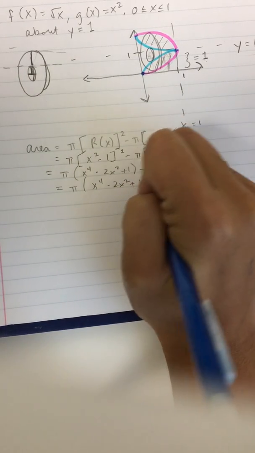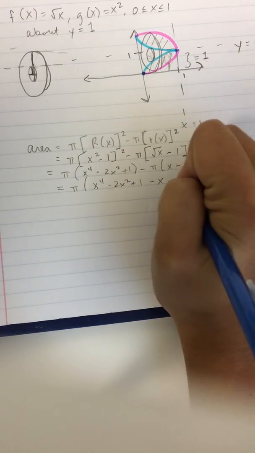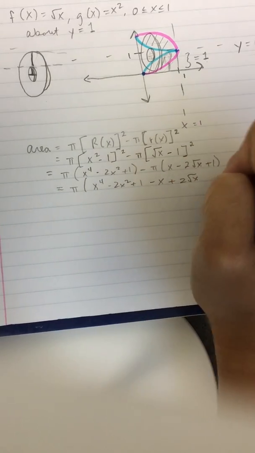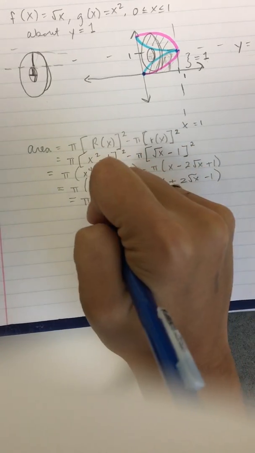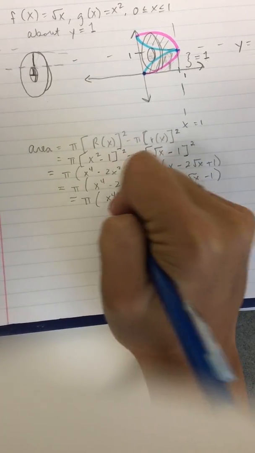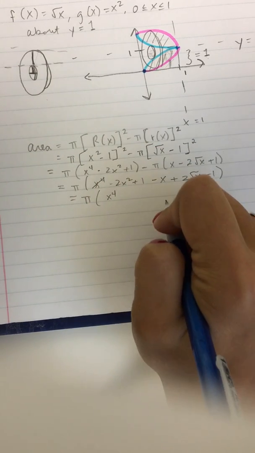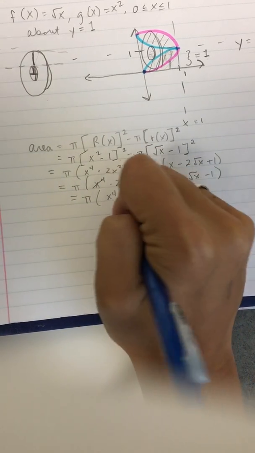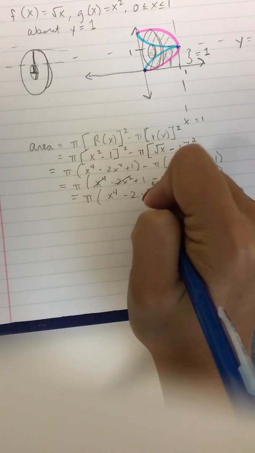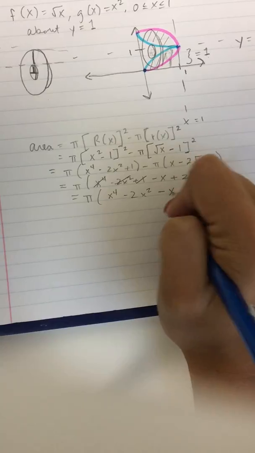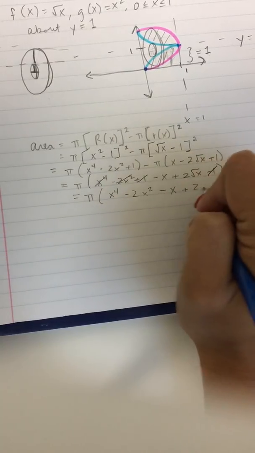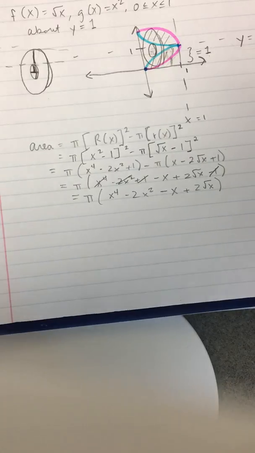Distribute this negative, minus x plus 2 square root x minus 1. And we can simplify this further as pi times x to the 4th minus 2x squared. These ones will cancel out, minus x plus 2 square root of x. And that is our area.